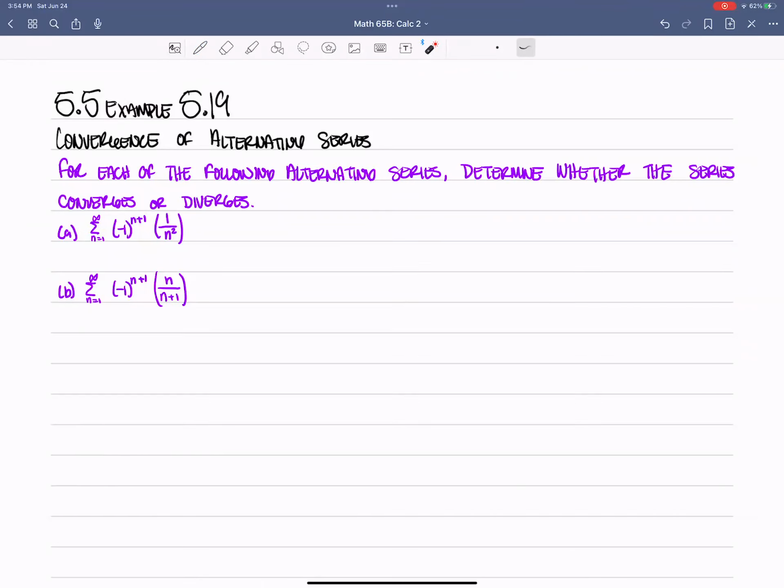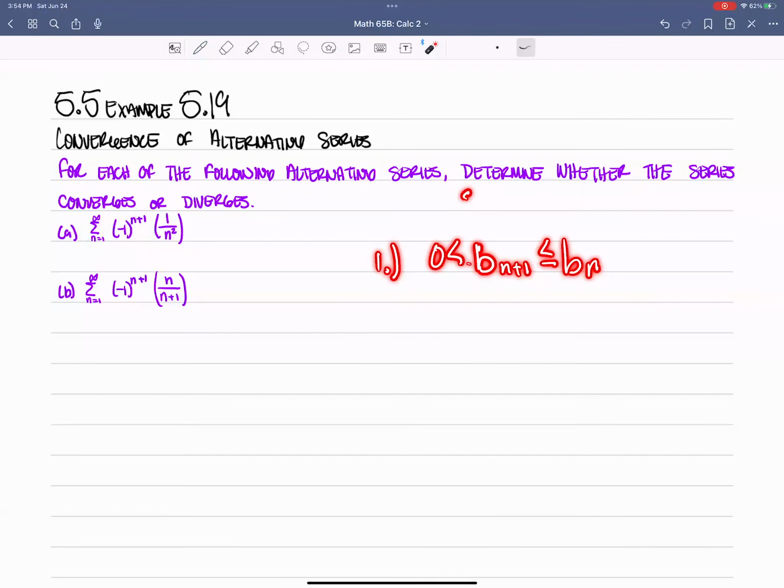Here they want us to apply the alternating series test, where the series has to satisfy two conditions. For the first condition, we look at the n plus 1th term. We look at b sub n plus 1, which should be less than or equal to b sub n for all values.